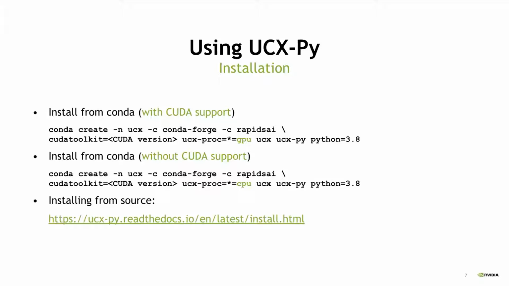But it's of course still possible to build everything from source. We have instructions for that in the UCX-Py docs, and I'll mention a little bit later, but current Conda packages don't support InfiniBand because of MOFED compatibility.